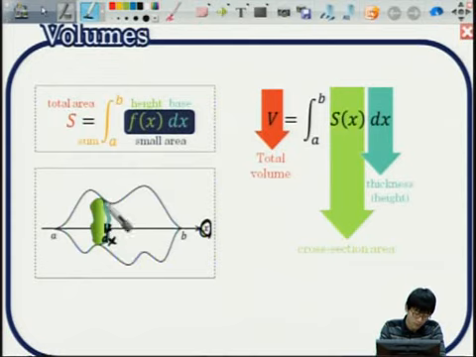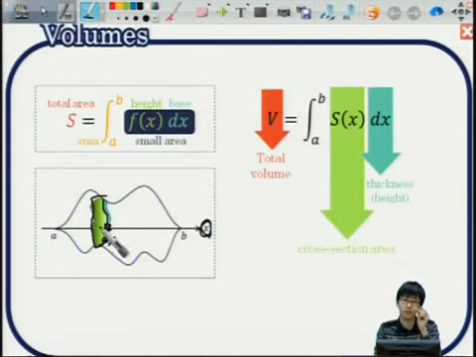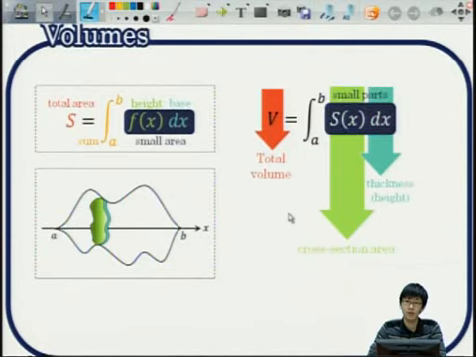So this thickness times this cross-section area will be a little volume. If we sum all the little volumes, the total volume will come out. So we just apply this concept here a little wider. It's not that hard. So this is the sum. Can you understand this? Yeah, it's good, I think.